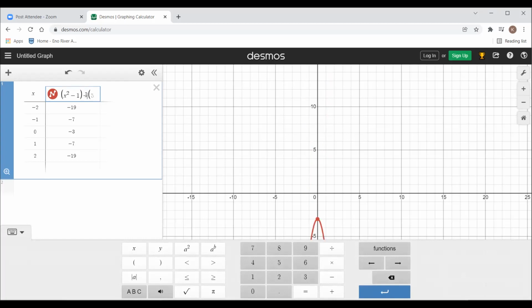And this time, the X value that we're plugging in is -2. So what's the output when you plug in -2? -19.